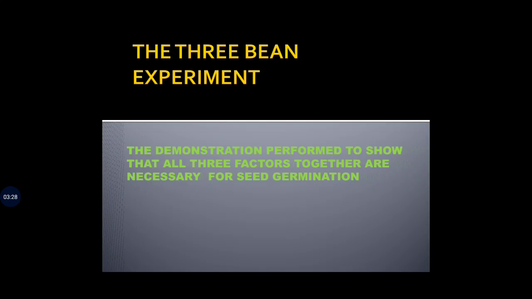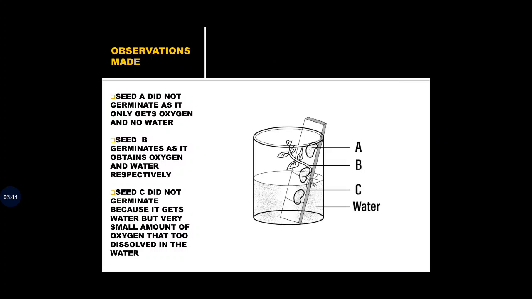So, the next experiment deals with all the three factors. The demonstration has been done to show that all the three factors together at the same time are responsible for the germination of seed. In this experiment, we have taken a beaker into which we have dipped a glass slide.